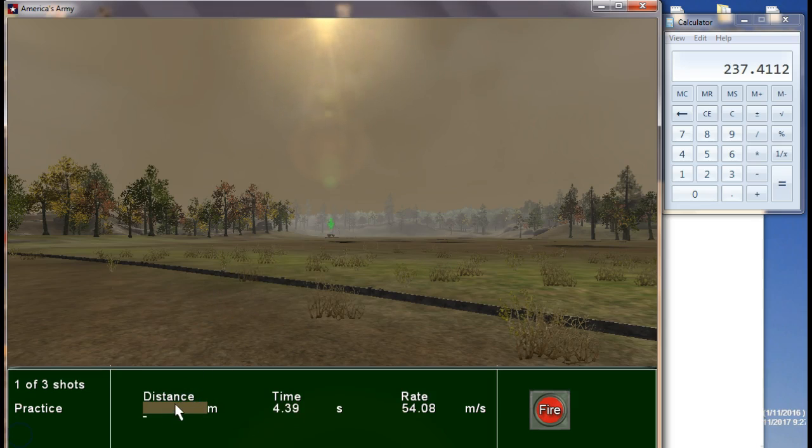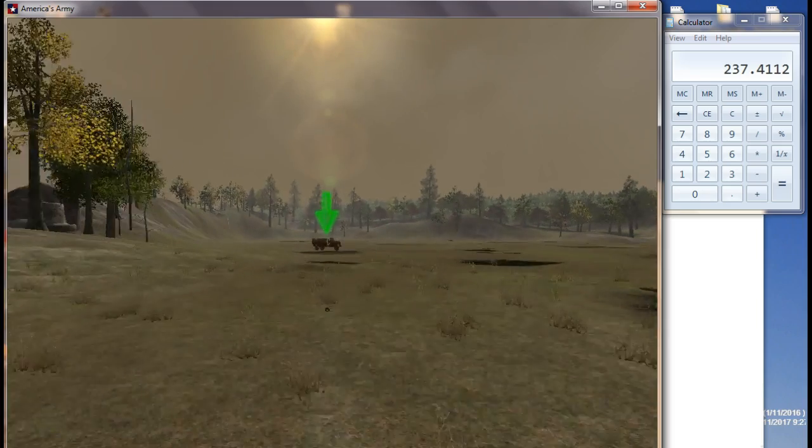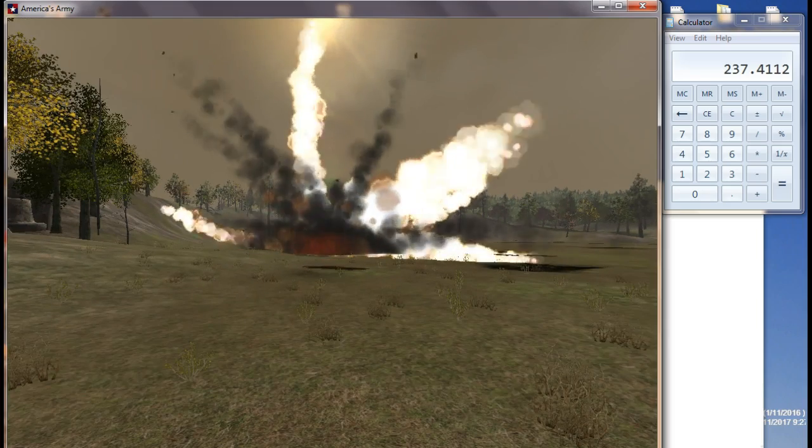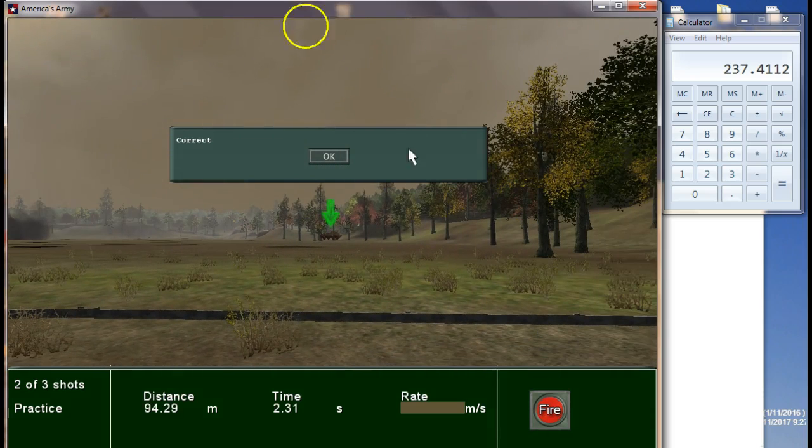If you look at the blue page that has the instructions on it, it reminds you that the problems are all rounded to the nearest hundredth. If you round it wrong, it's going to mark it wrong. So that needs to be 0.41. Fire. Very satisfactory that we blew up the truck we were aiming at.